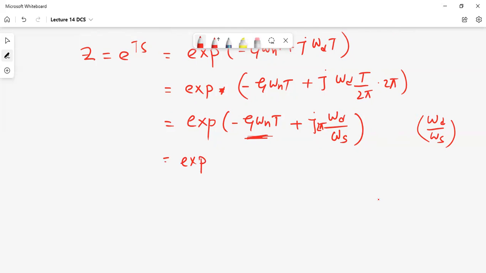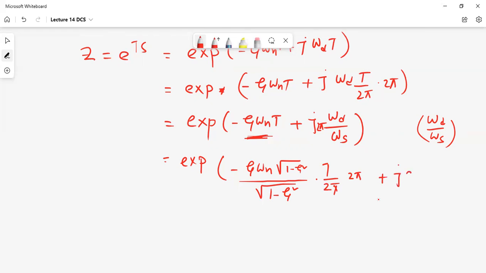To bring in omega d, we need omega n times root of 1 minus zeta squared, which is your omega d. To bring in omega s, T must be divided by twice pi, so we multiply by twice pi as well.